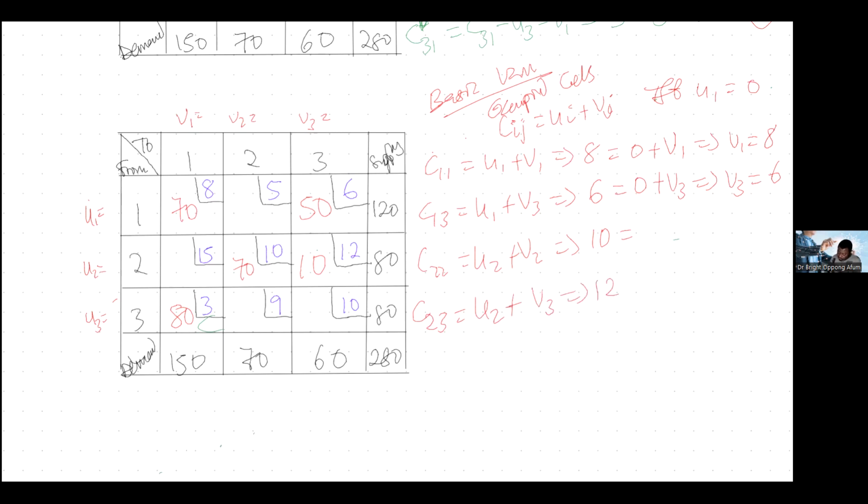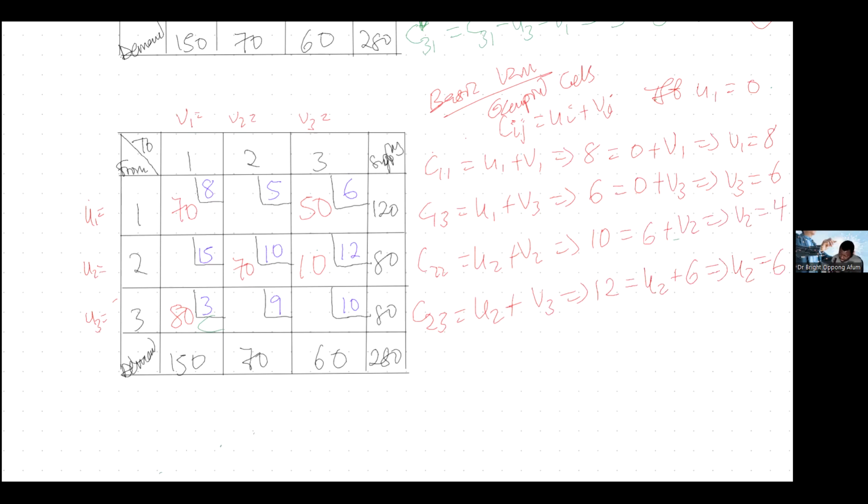U2 is unknown, but V3 is known as 6. So that means that U2 is 12 minus 6, and that is 6. So here we have 10. Then we know U2 to be 6, plus V2 is unknown. So V2 is equal to 10 minus 6, and that is 4.